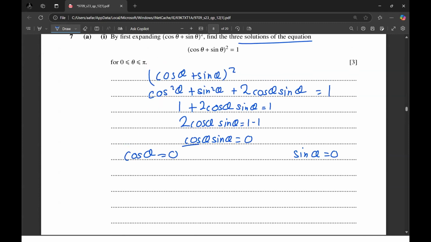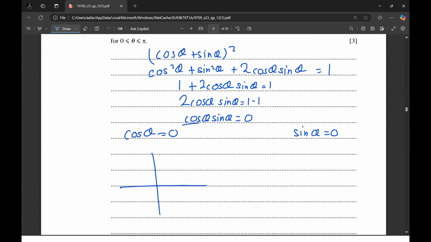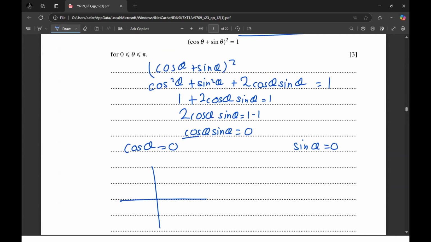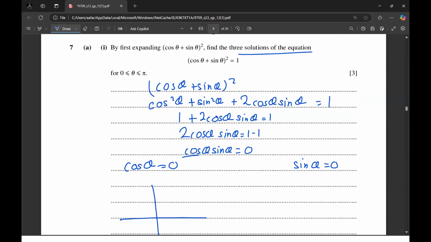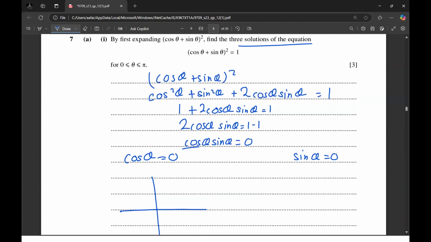Okay, so the quickest method is to just draw a graph on the Cartesian plane and check, in the domain of theta, which is 0 to pi.